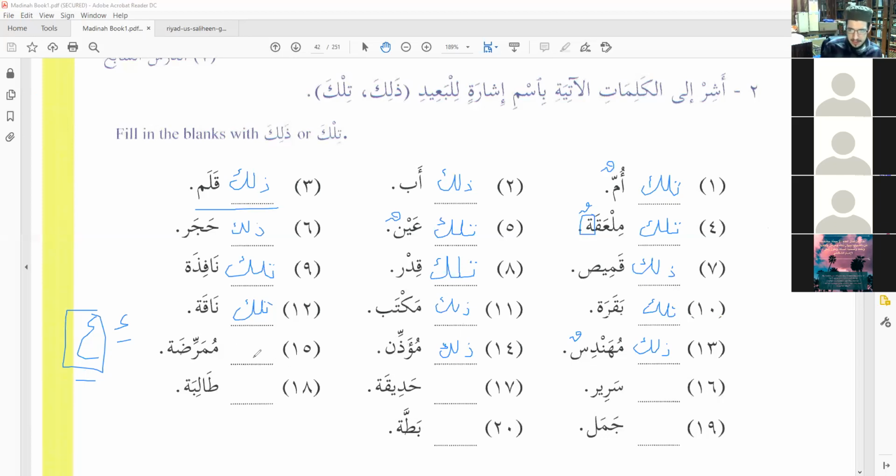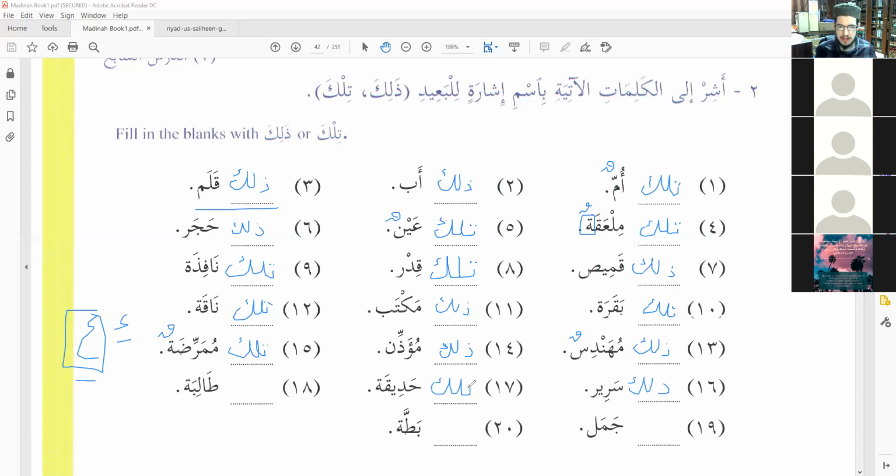Sister Sire, number 15. Tilka mumarridatun. Very good. Your old enemy, and you mastered it. Good job. Tilka mumarridatun. 16, Sister Musarrat. ذلك سرير. Very good. Back to Brother Asim. تلك حديقة. Excellent.